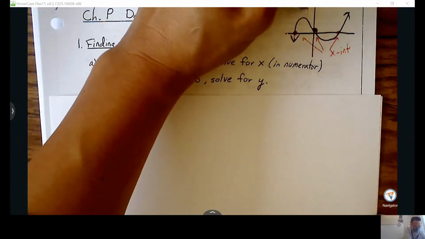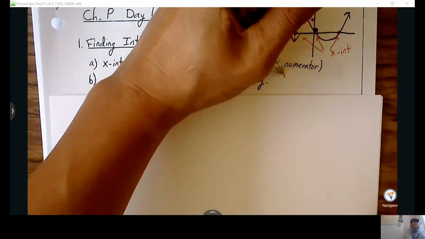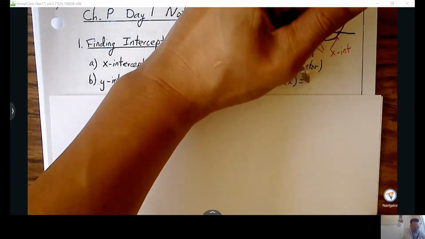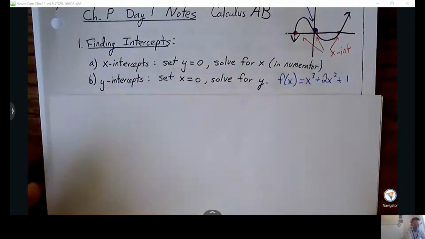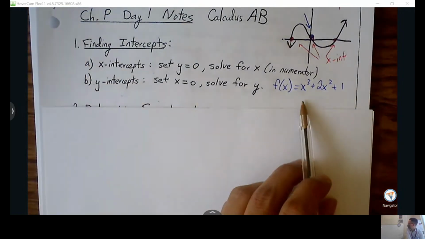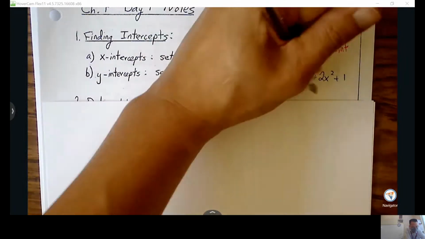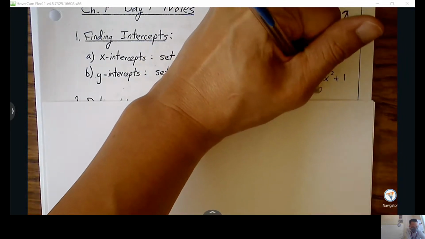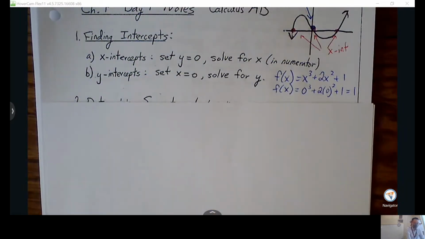But if I want to find the Y-intercept, I would just replace the X with 0 and solve for Y. So for instance, if my function was x cubed plus 2x squared plus 1, to find the Y-intercept, replace the X with 0, and then I can solve for Y. So in this case, the ordered pair will be at (0, 1).